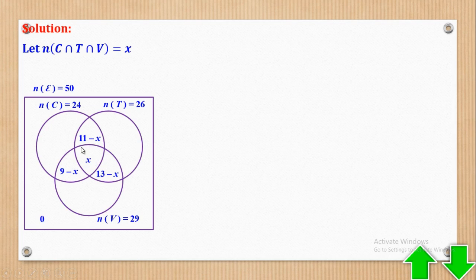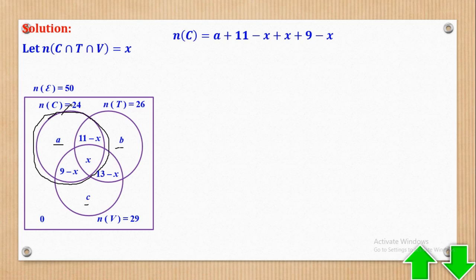Now next is to get the value of x. So to get the value of x, we have to first put there those ones for A, B and C, to fill in the missing spaces of A, B and C. Then next we shall see that if I add all these ones, it will be equal to 24.